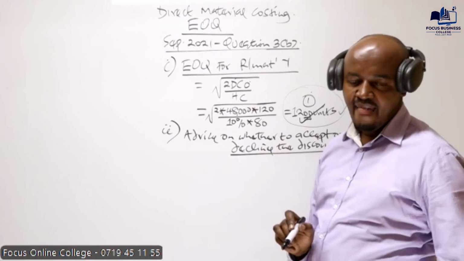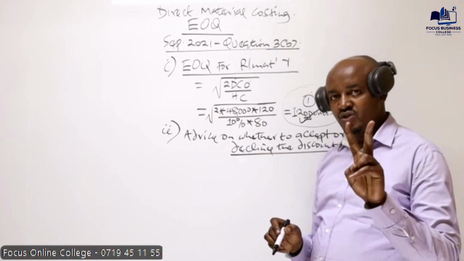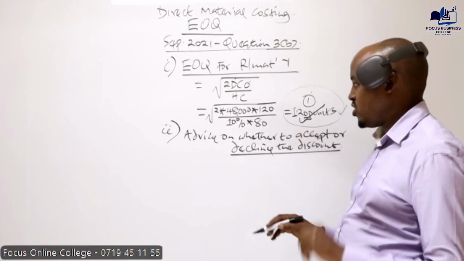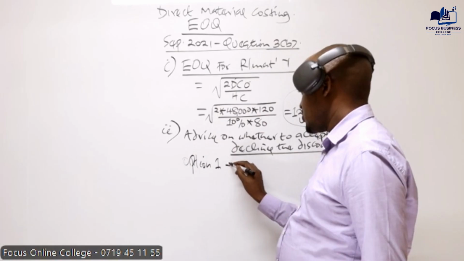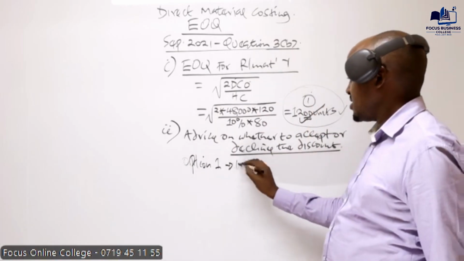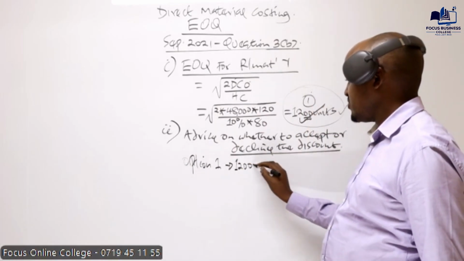Just like in the other question, the company has two options. The first option is to order 1,200 units.